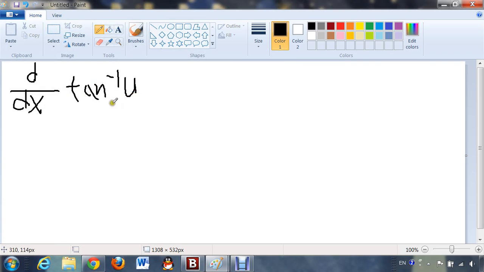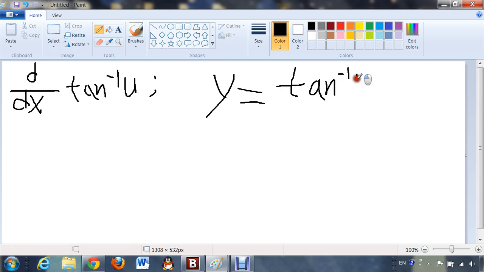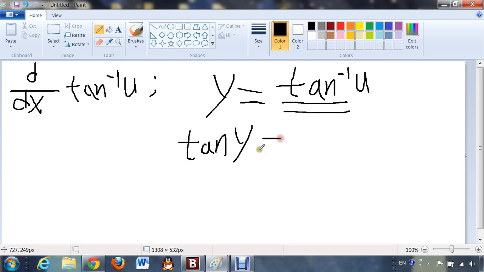Let's do this again. We express the inverse trig as a function, and then we use implicit differentiation. We change the inverse into a regular function.